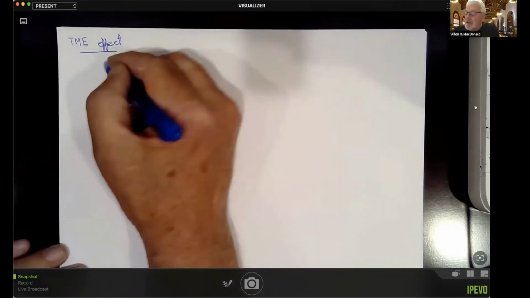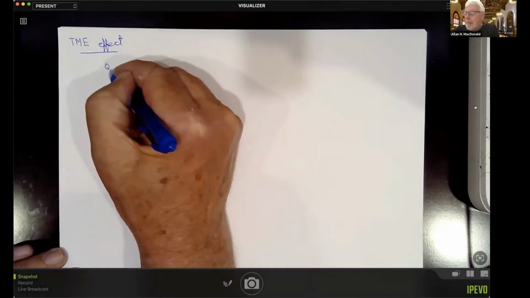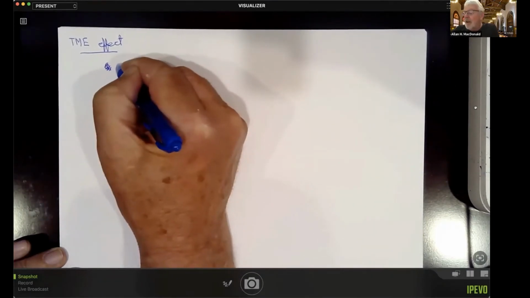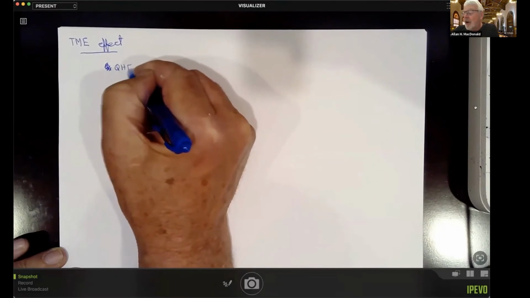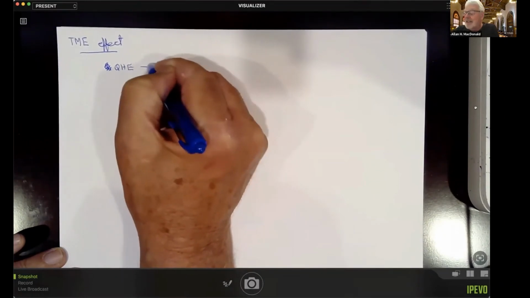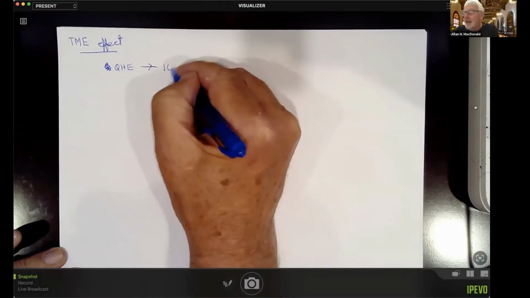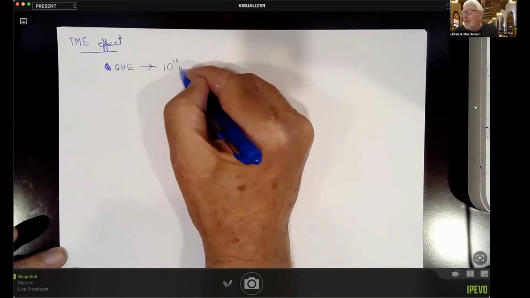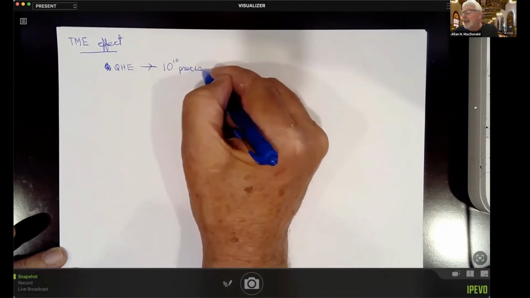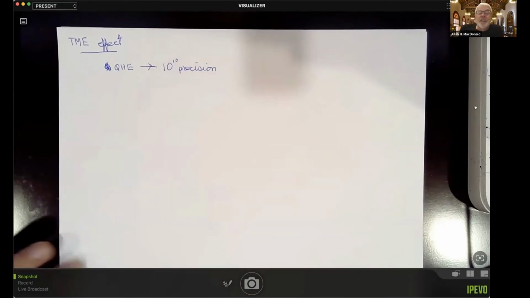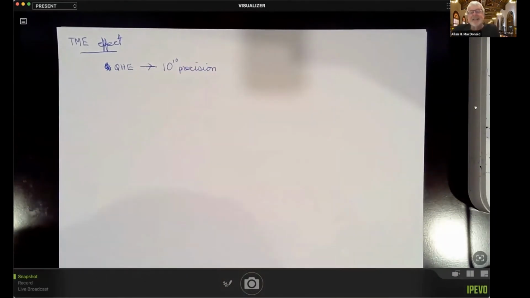It's kind of interesting that the quantum Hall effect, I don't actually know the current number, maybe one of you does, is measured to an accuracy of a part in 10 to the 10, which is incredible.